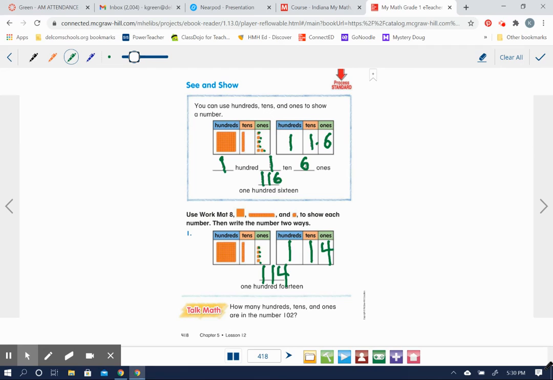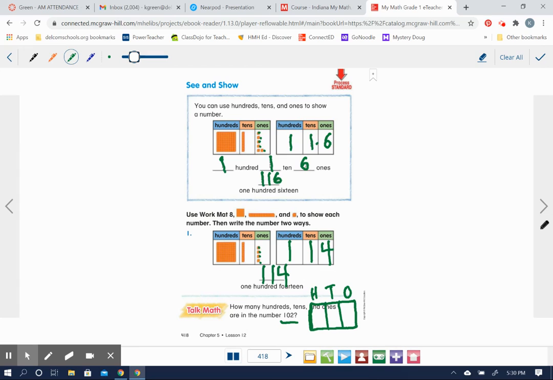Now here's something to talk about. How many hundreds, how many tens, and how many ones are there in the number 102? Well, if we had a place value chart, and this is the hundreds, I'm just going to put an H for hundreds, T for tens, and an O for ones.